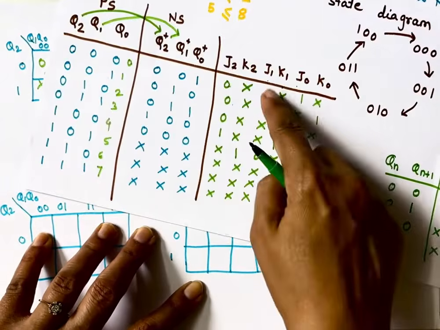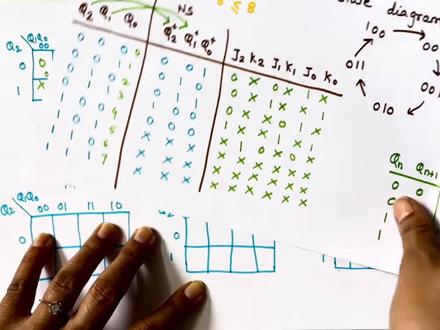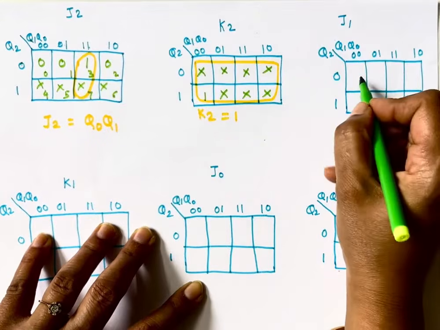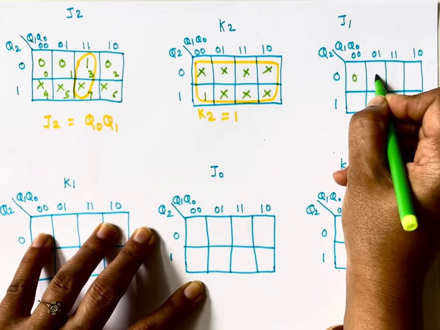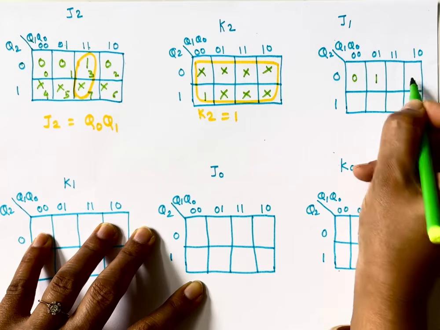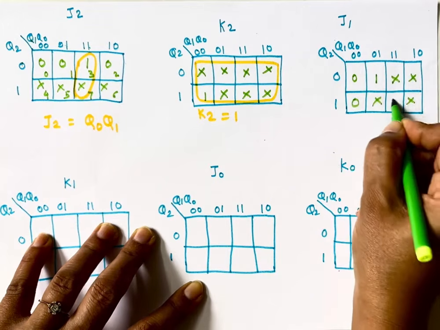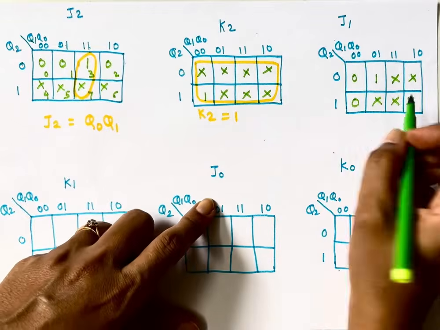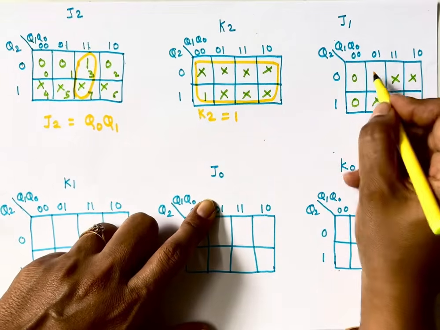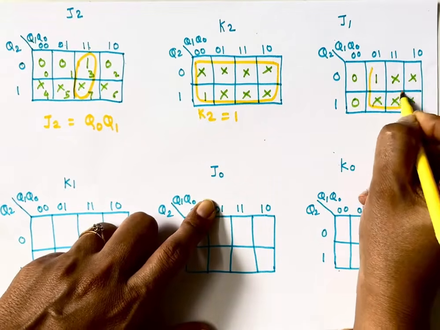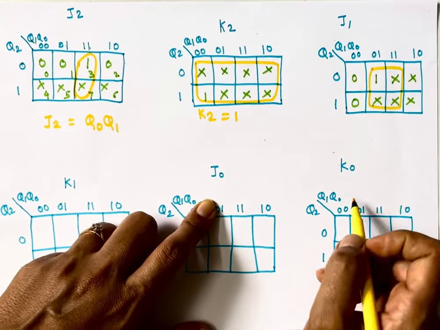Then next is J1. For J1: 0, 1, don't care, 0, and 3 times don't care. Here we can make a group, we call it a quad when we group 4 cells.